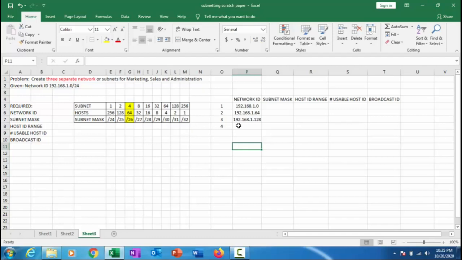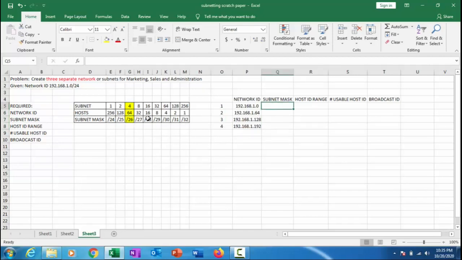Okay, so 192.168.1.192. Okay, so network ID is filled up. We're good to go for the next step, which is we just fill this up, subnet mask, because we already have this data, which is /26.